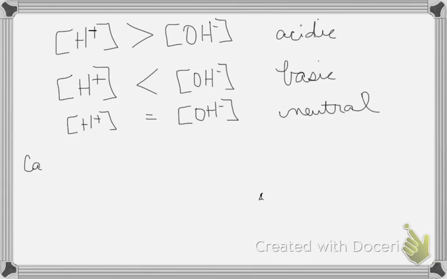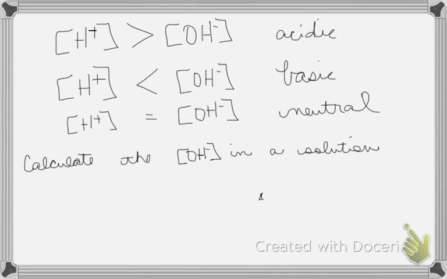So, let's calculate the concentration of the hydroxide ion in a solution that has a hydrogen ion concentration of 1.2 times 10 to the minus 3 molar.